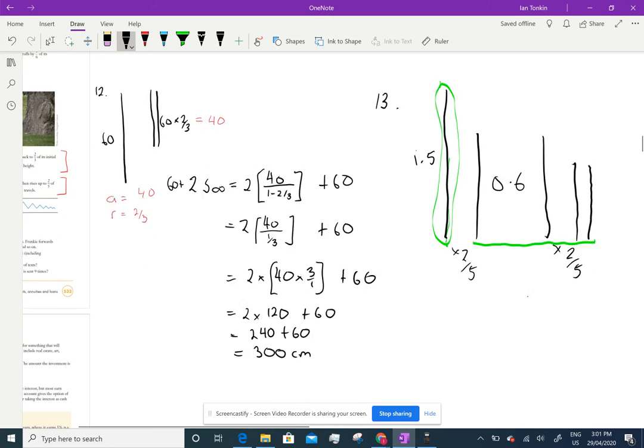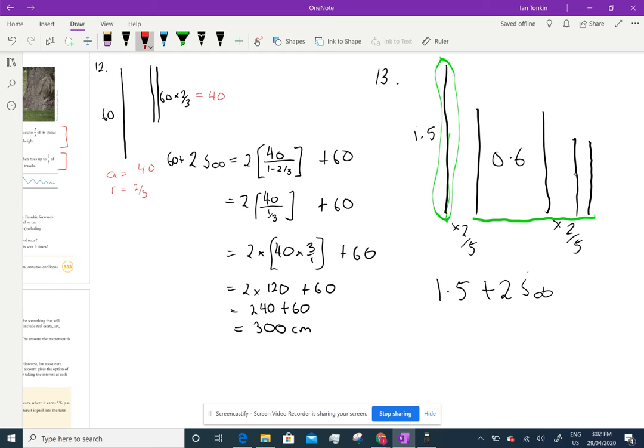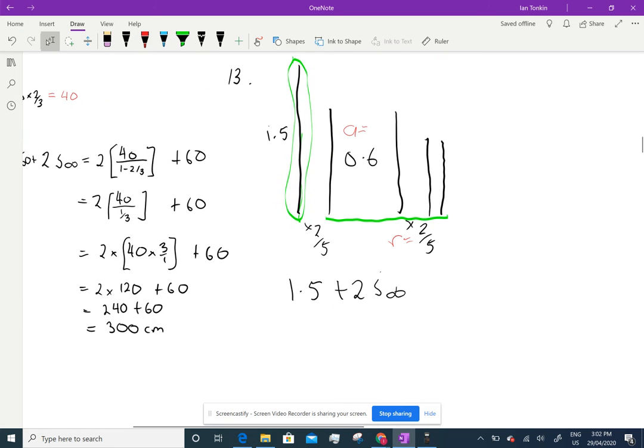All right, so I've got 1.5 plus 2 times the sum of infinity. Well, if I'm excluding the 1.5, my A is equal to 0.6 and my R is equal to 2/5. So 1.5 plus 2 times A 0.6 over 1 minus 2/5.